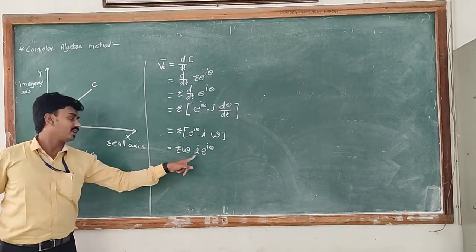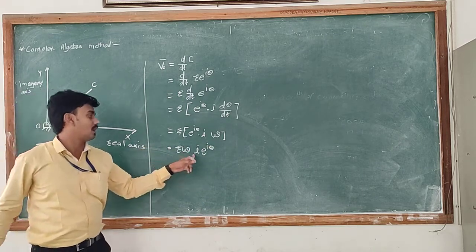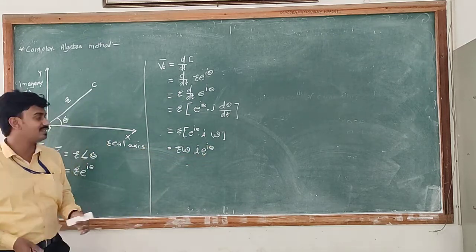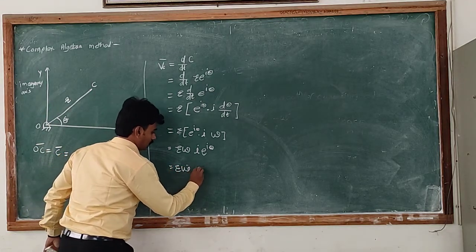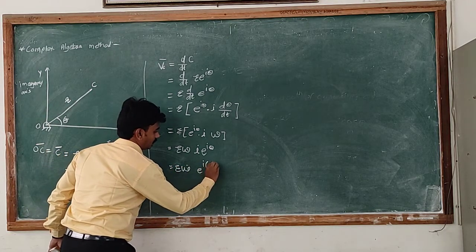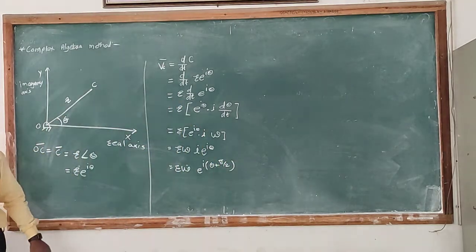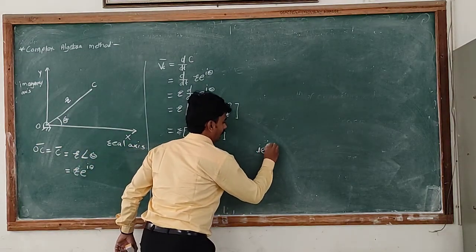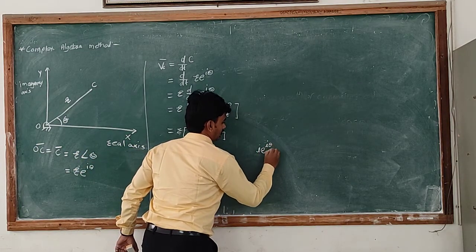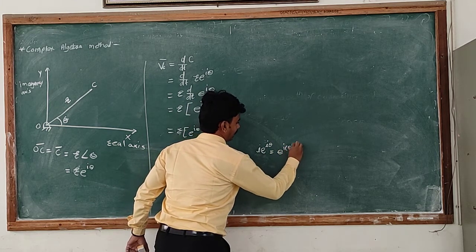Now, I into e raised to I theta is equal to e raised to I into theta plus pi by 2. We know that I into e raised to I theta is equal to e raised to I into theta plus pi by 2.